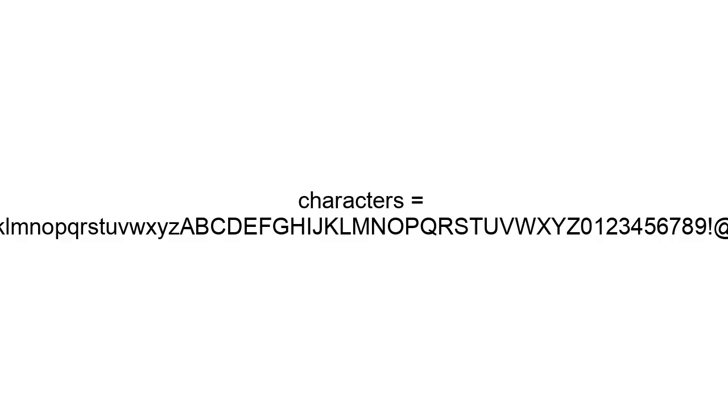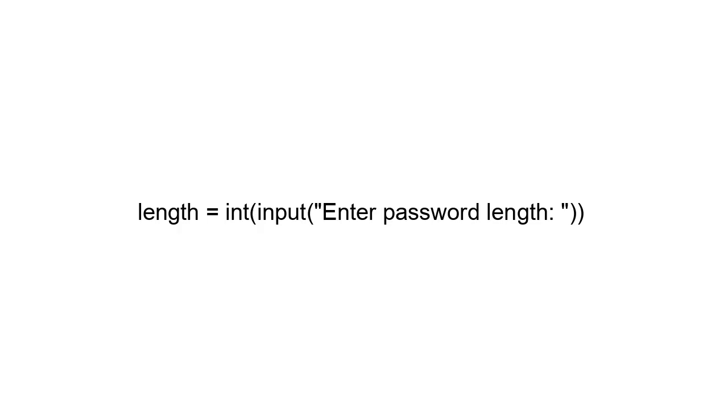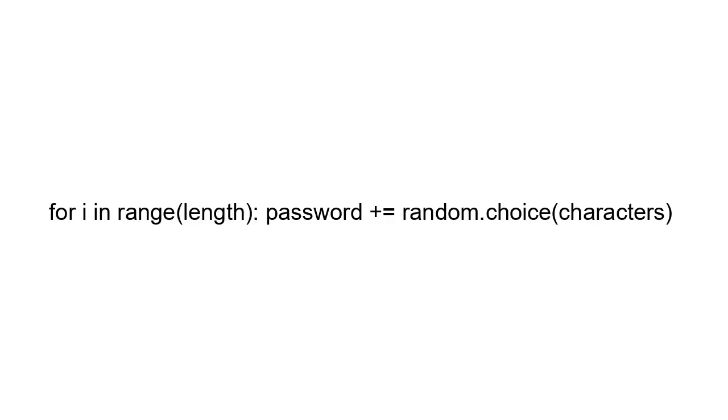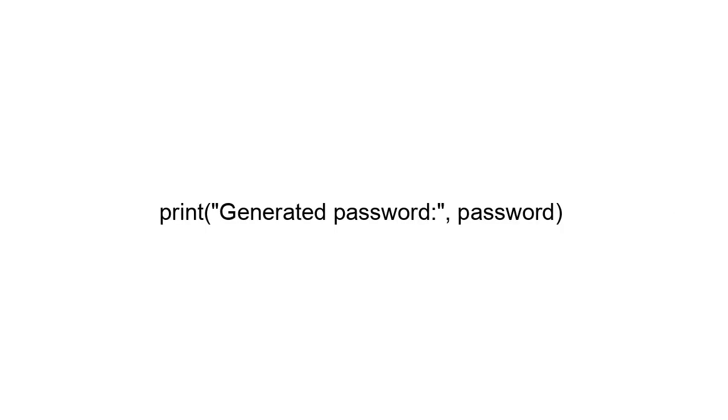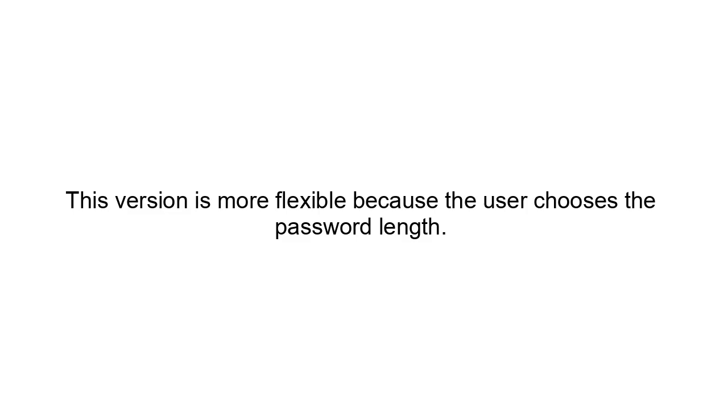Length equals int input, enter password length. Password equals empty string. For i in range length: password plus equals random.choice characters. Print generated password, quote, password. This version is more flexible because the user chooses the password length.